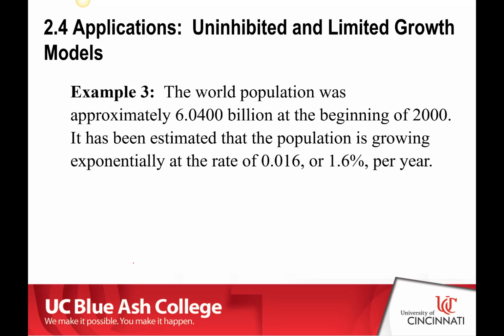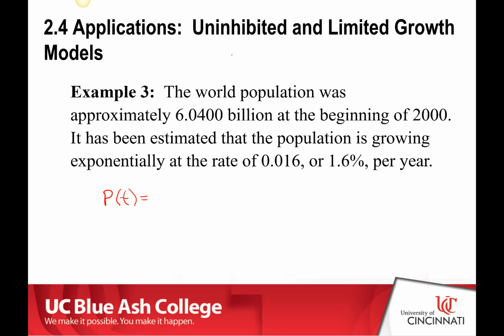All right, let's take a look at this one. The world population at the beginning of 2000 was about 6.04 billion people. It's been estimated the population is growing exponentially at a rate of 1.6% a year. From everything that you've got there, you have enough information to write the equation for the growth of the population at any point in time. P of t equals. Now remember, we're still following the same pattern.